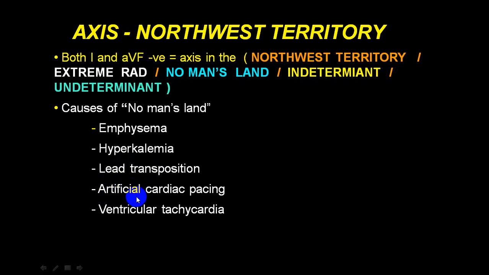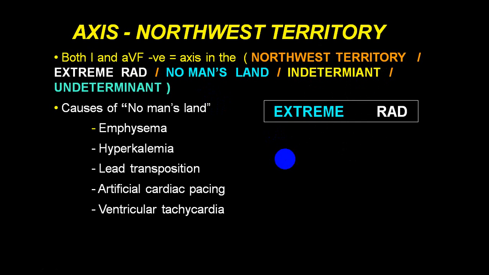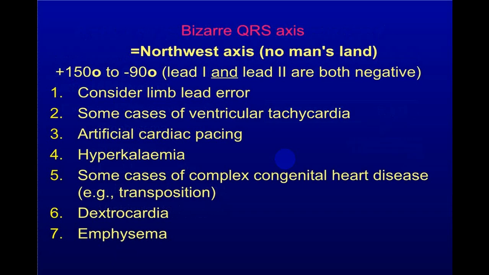In a case of artificial cardiac pacing, you can sometimes get extreme right axis deviation, and in some cases of ventricular tachycardia, where lead 1 and AVF are both negative. Do keep it in mind. This can be seen in some of the ECGs. So this is called extreme right axis deviation.